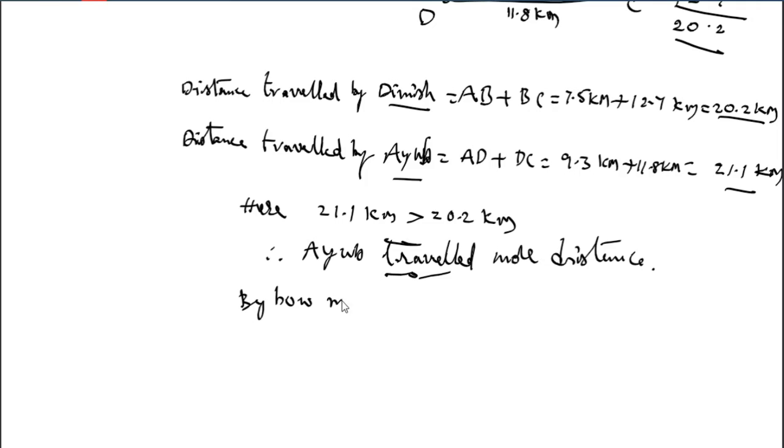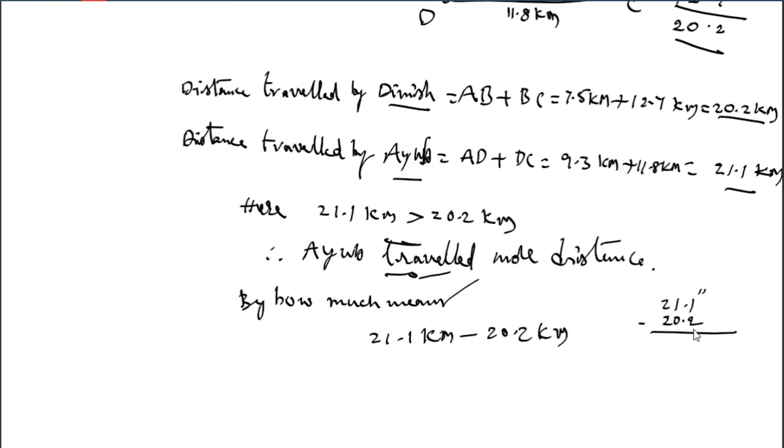The second one, by how much, means you should subtract. So 21.1 kilometers minus 20.2 kilometers. Just subtract them as whole numbers. 1 minus 2 not possible. Borrow 1 from this one. This becomes 0 and this becomes 11.